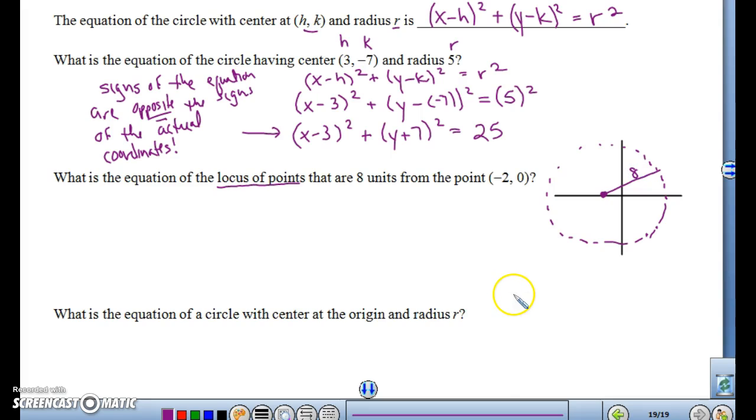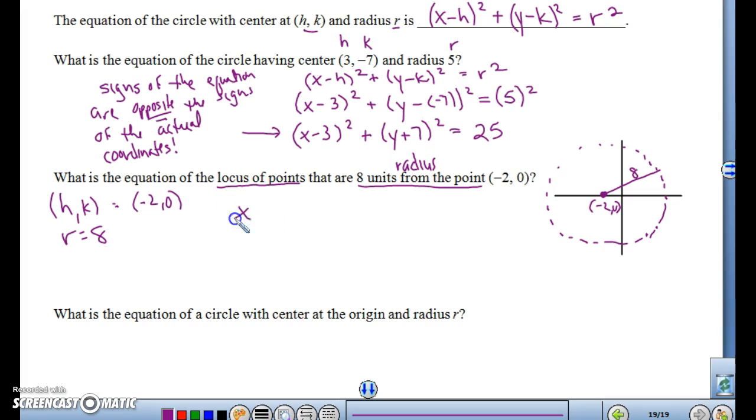And -2, 0 would be my center. So my center h, k would be -2, 0. And being 8 units away from the point, that means that is my radius. So that means that r is going to be 8.